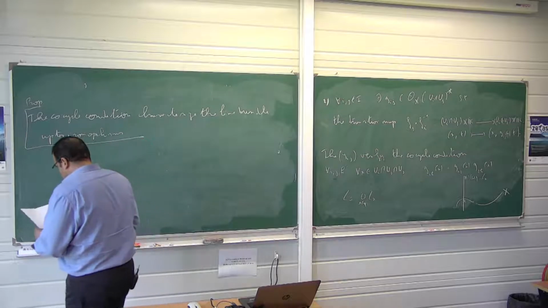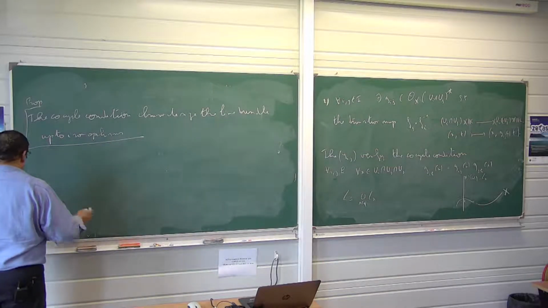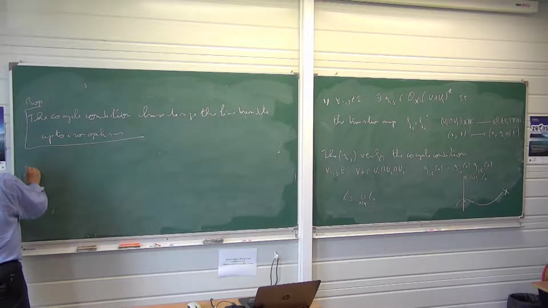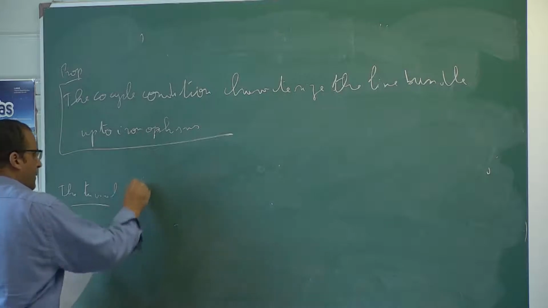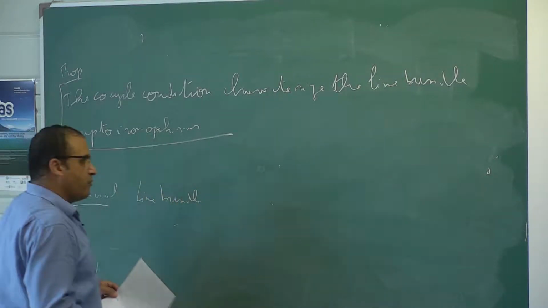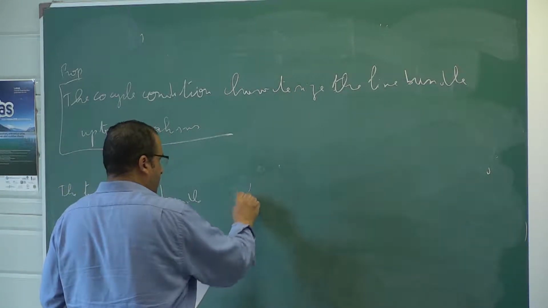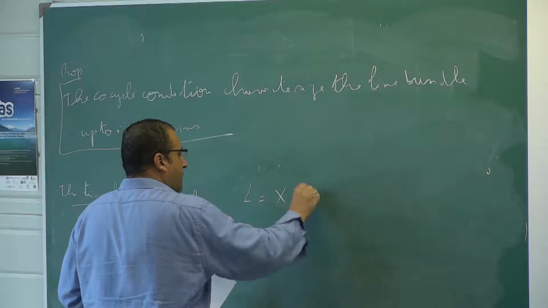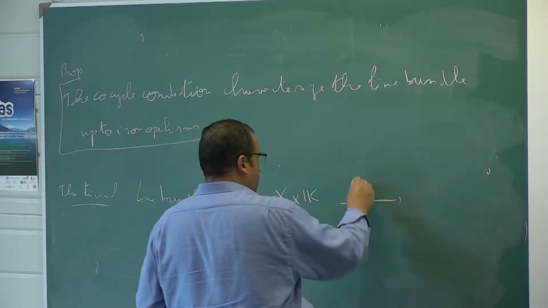Okay, so we have the trivial line bundle, which, as you can imagine, is only X times K, and the map P is just the projection.